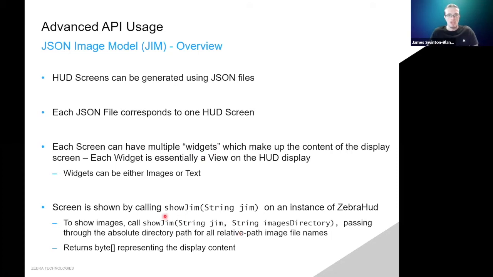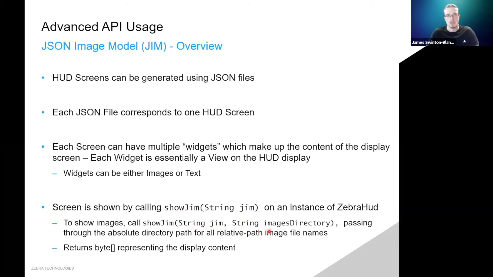We show the screen onto the HD4000 using the show JIM API, and we simply pass through a string representation of our JSON, and we of course call that on an instance of Zebra HUD. If we want to leverage using image widgets as well, we need to use the overloaded method and not just pass through the string representation of the JSON.